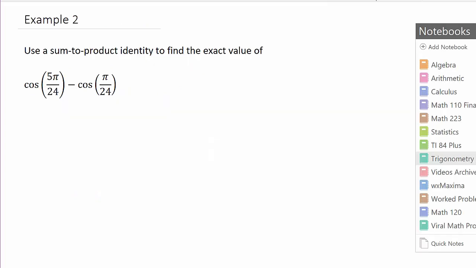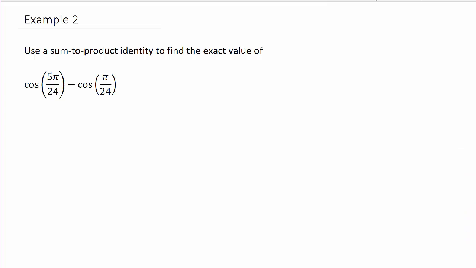Let's go ahead and write the formula down. Cosine x minus cosine y is equal to negative 2 times sine of (x plus y) over 2 times sine of (x minus y) over 2.